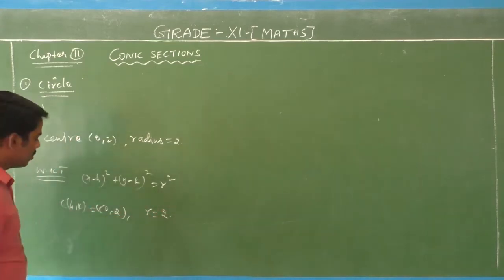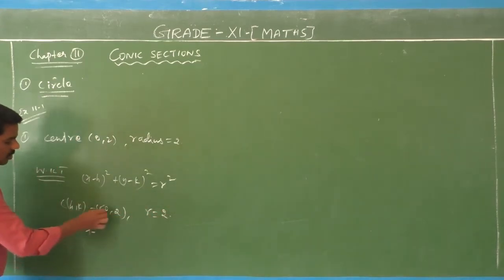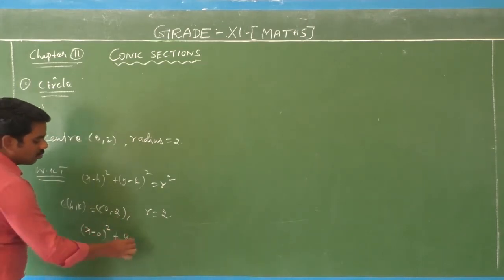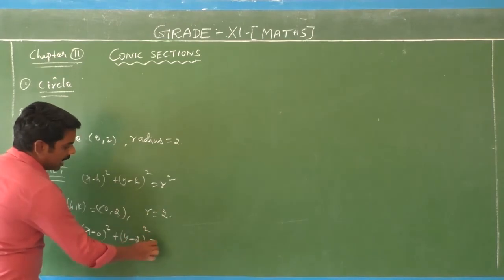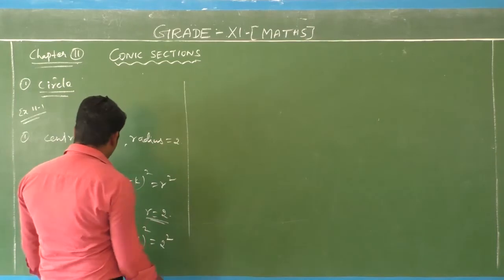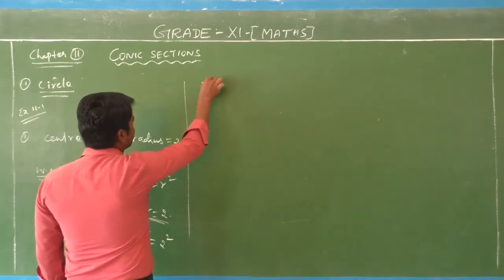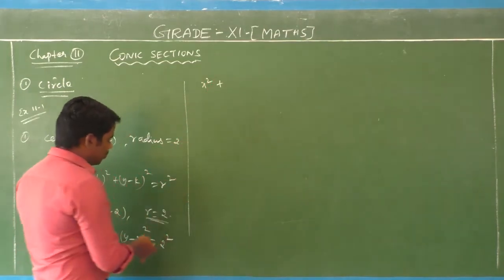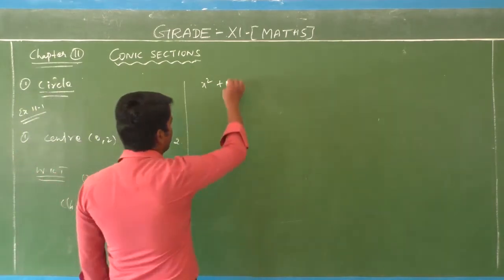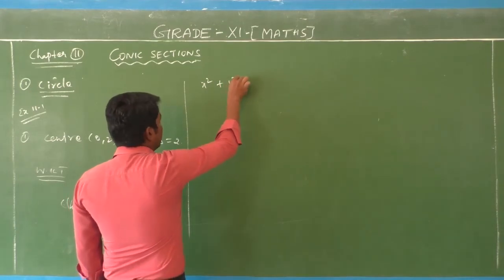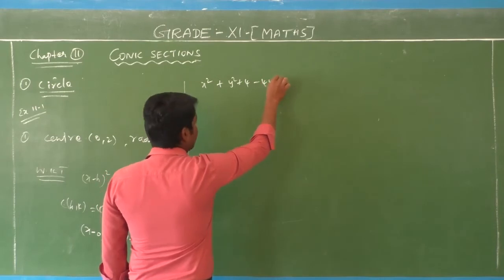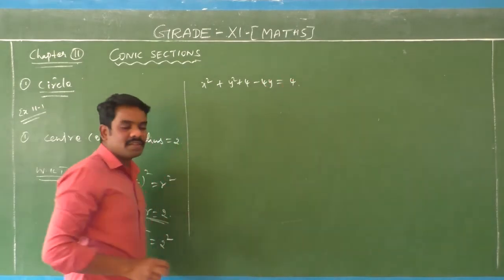Substitute this value. So x minus h is 0: (x minus 0) the whole square plus (y minus k, which is 2), so (y minus 2) the whole square equal to r square, where r value is 2, so 2 square. Simplify this: (x minus 0) the whole square is x square, plus (y minus 2) the whole square, using the a minus b the whole square formula, a square plus b square minus 2ab, so y square plus 4 minus 4y equal to 2 square, which is 4.